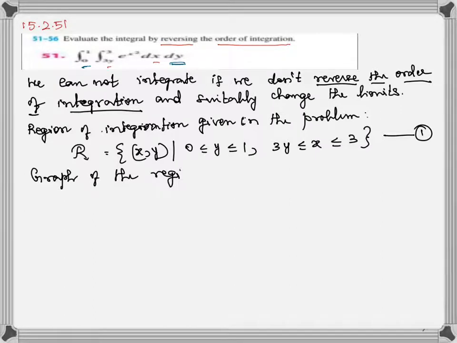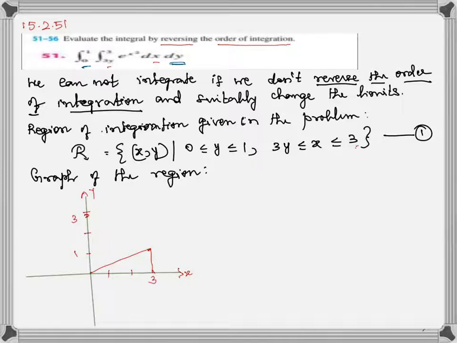The graph of the region will tell us how to manipulate the variables. So graph the region, with the x and y axes here. We need up to 3 for x, so 3 units are shown on the x-axis.